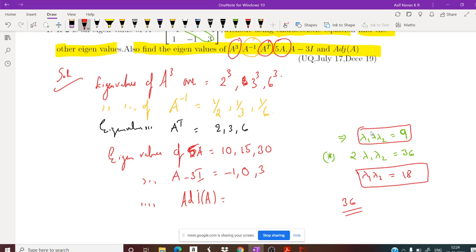So for adjoint of A, by the property, it is the determinant divided by each eigenvalue: 36 by 2 is 18, 36 by 3 is 12, and 36 by 6 is 6. Is it clear?